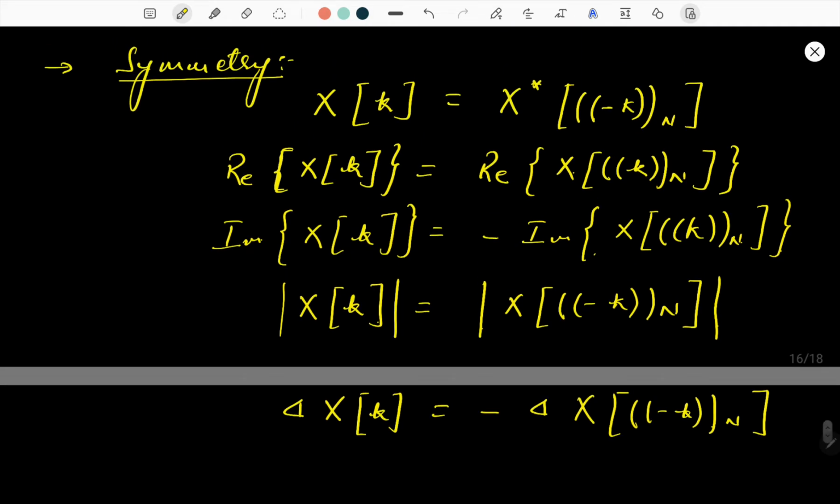So this is simply the symmetry, in which X(k) equals the complex conjugate of X(minus k) for any value n, and we have defined the real part, imaginary part, magnitude and angle over here.